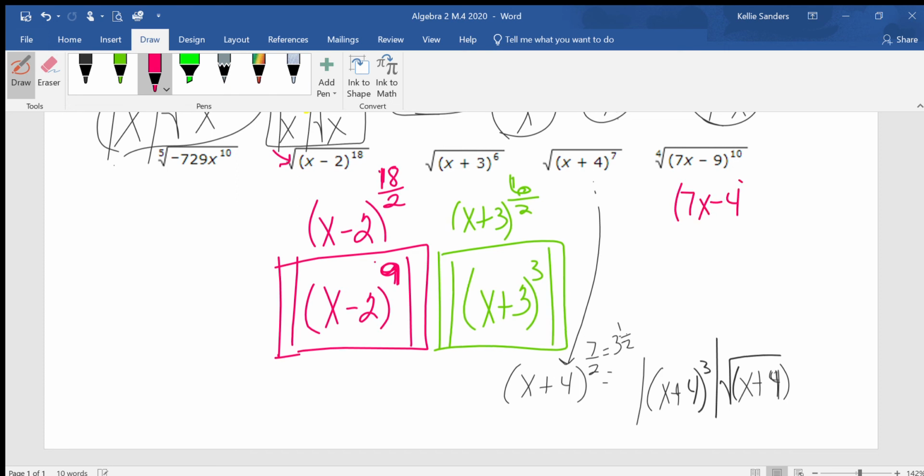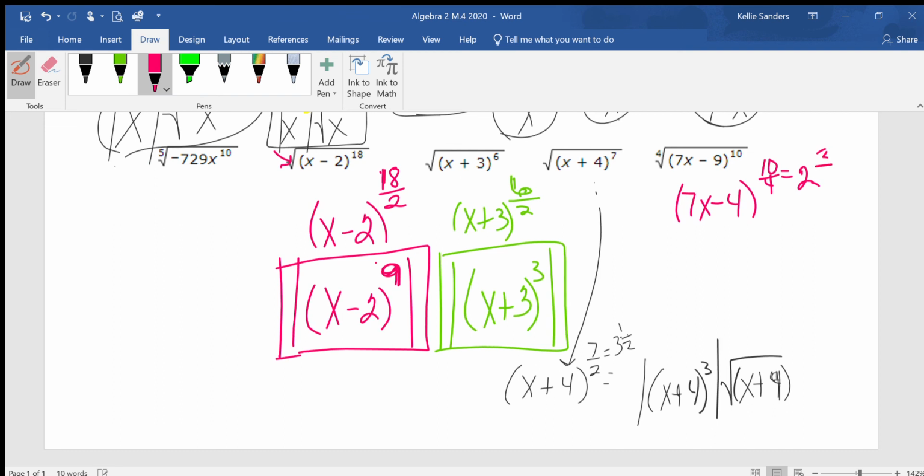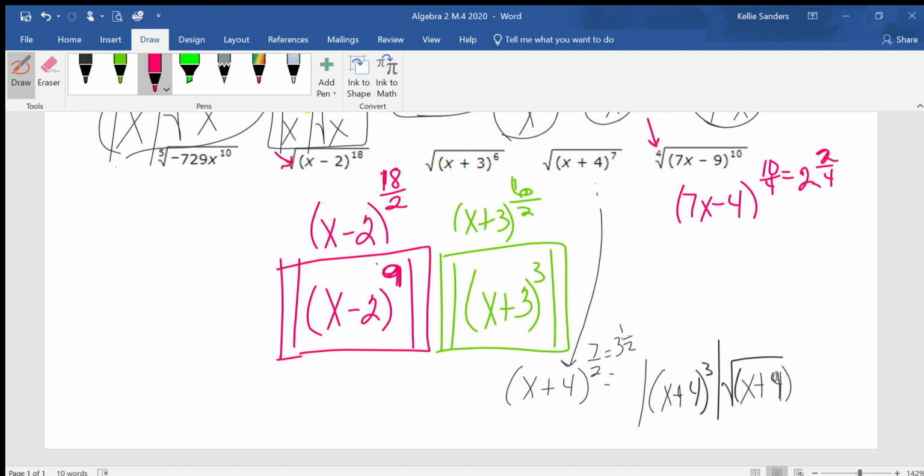7x minus 9, 10 over 4 reduces to 2 2/4. Now, in every other situation in math, I would say reduce that. But since we're looking for groups of 4 and we have 2 left over, we're not going to reduce it because we're going to use that top 2 in just a second.